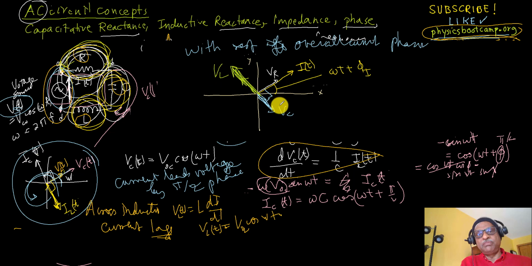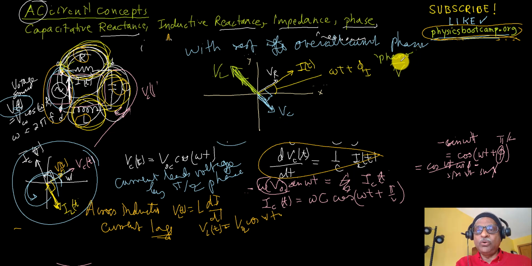So we have these three phasors which represent what's going on in this circuit. Phasors are like pseudo vectors, because we're only looking at the x component when we do the dynamics.